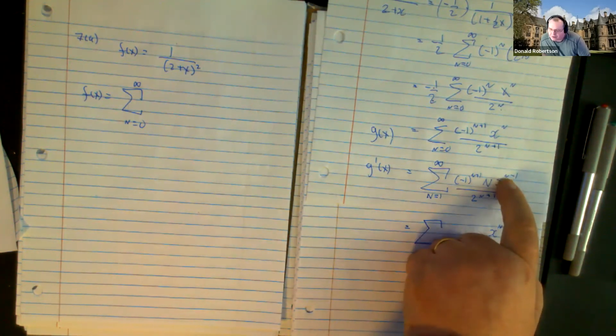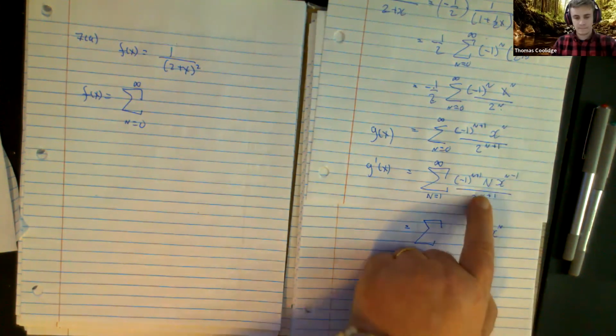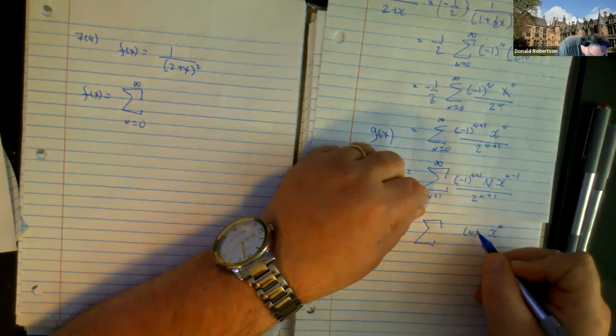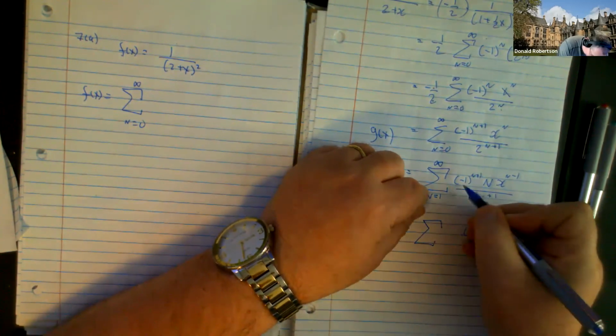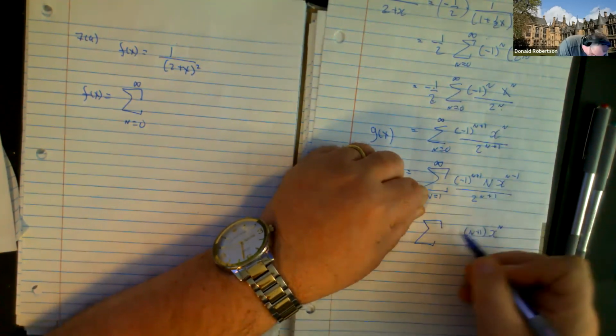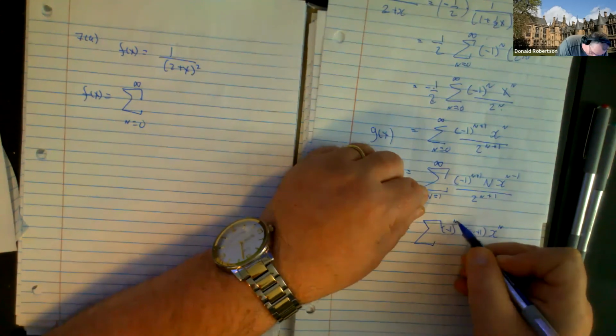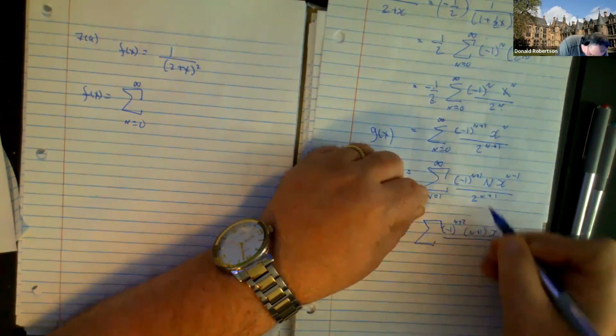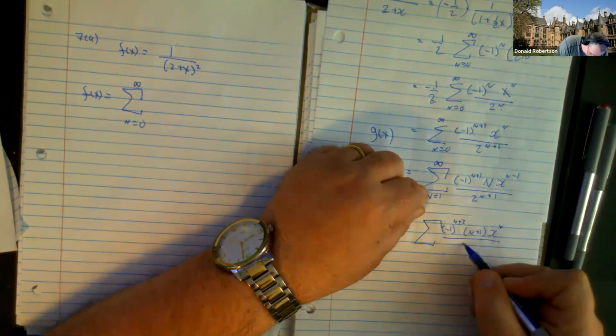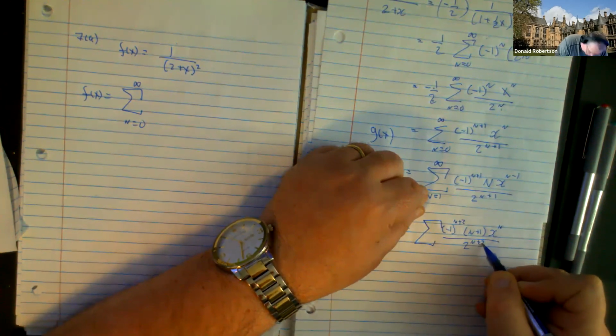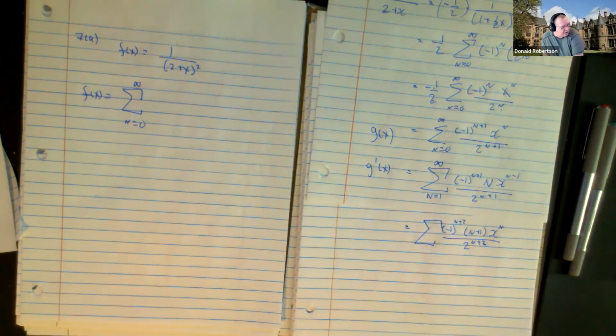And the way I'm doing that is every n is going to be replaced by n plus 1, essentially. So this becomes n plus 1. This becomes n plus 1 plus 1, which is n plus 2. And this becomes n plus 1 plus 1, which is n plus 2. Are you good with that?